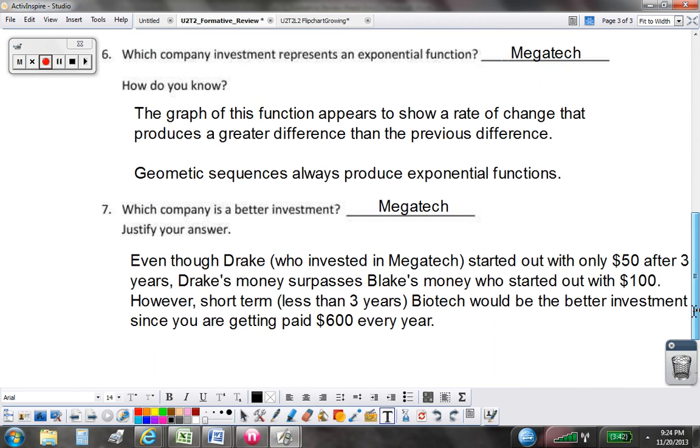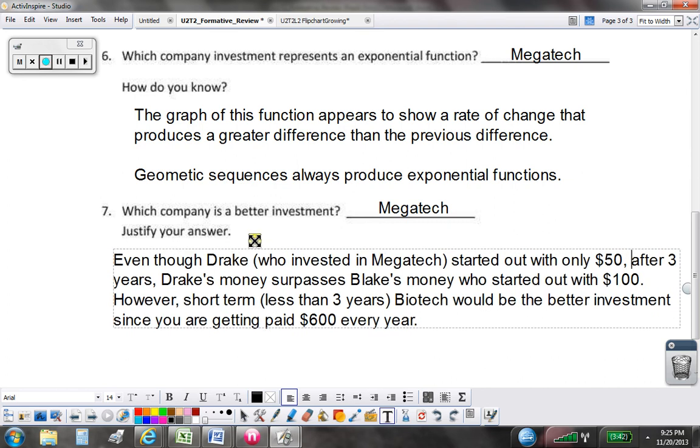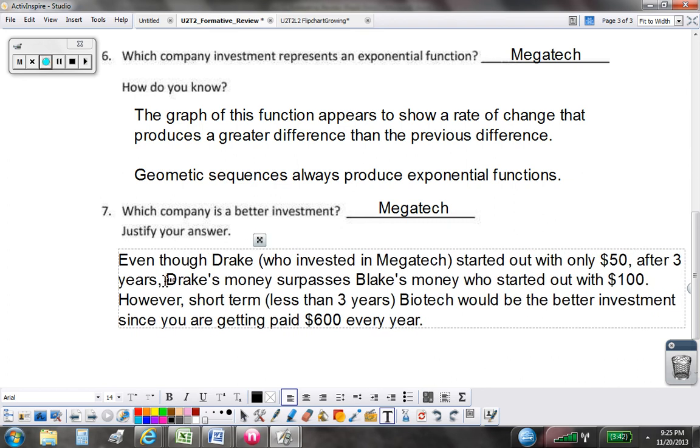Alright, that was the last question. Let me just make sure this makes sense. Even though Drake, who invested in Megatech, started out with only $50, after 3 years Drake's money surpasses Blake's money, who started out with $100.